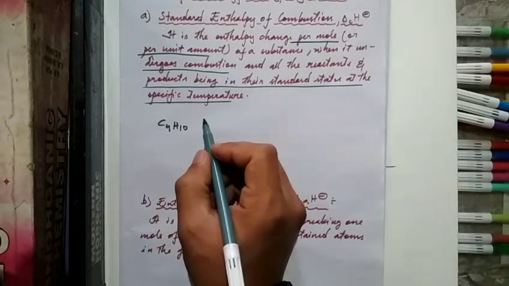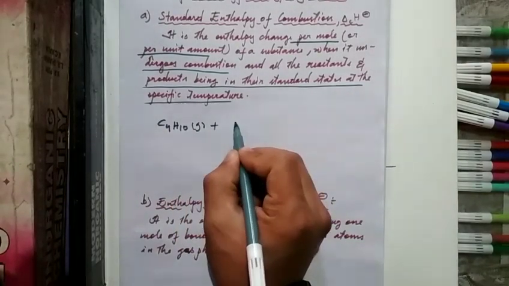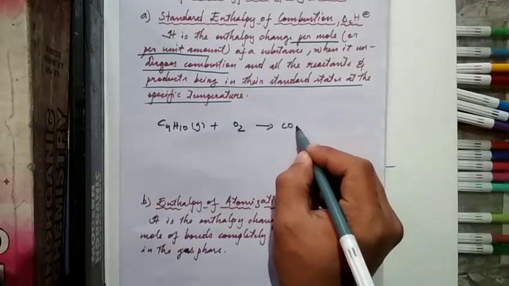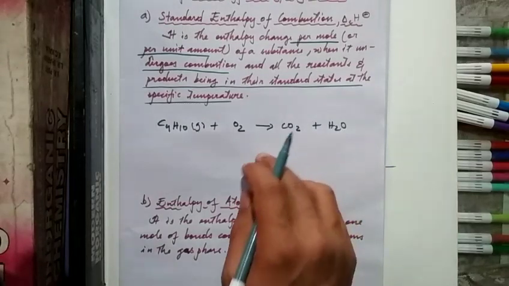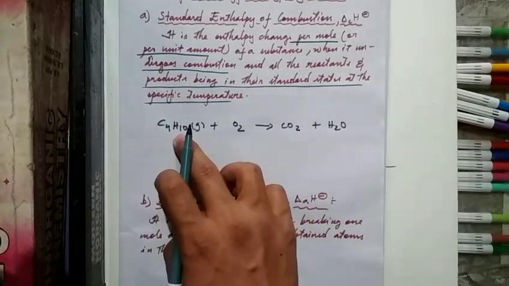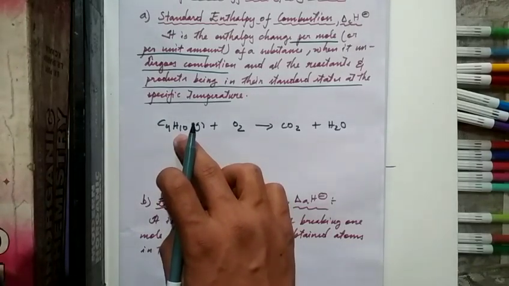C4H10 gas, with oxygen, gives carbon dioxide and water. This one is butane, and it is mostly found in cooking gas in cylinders.